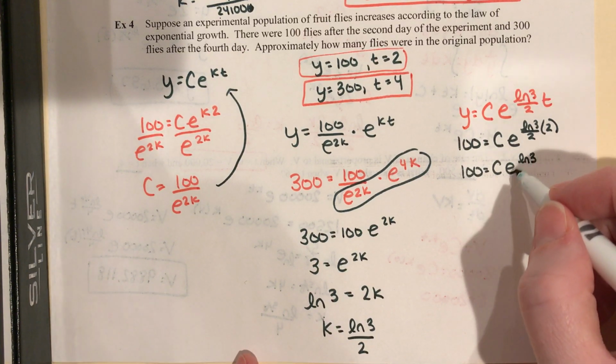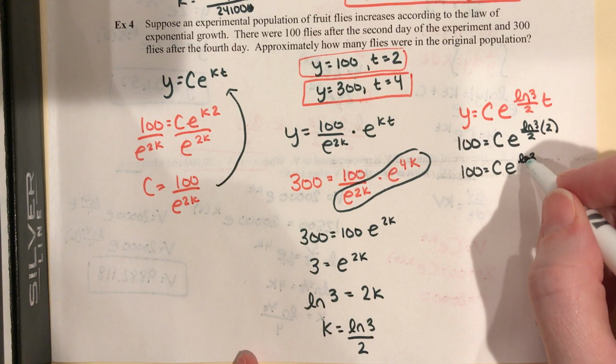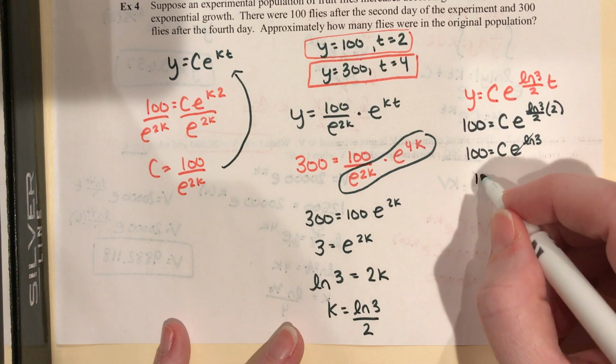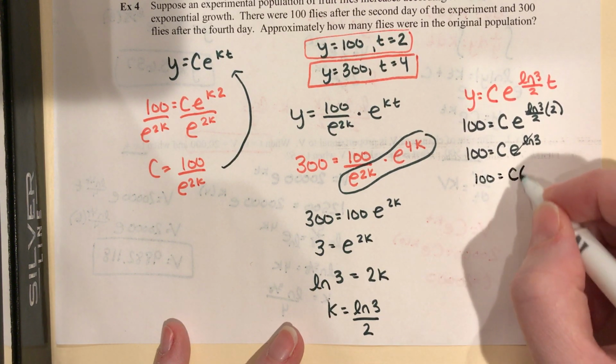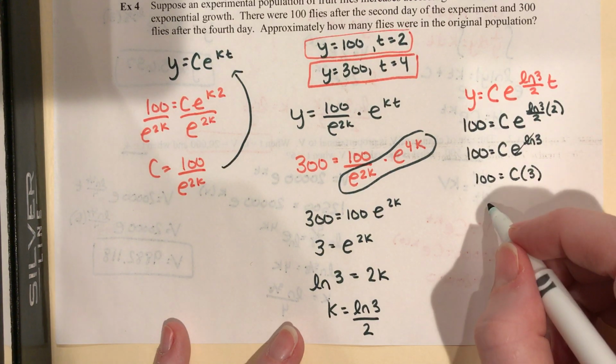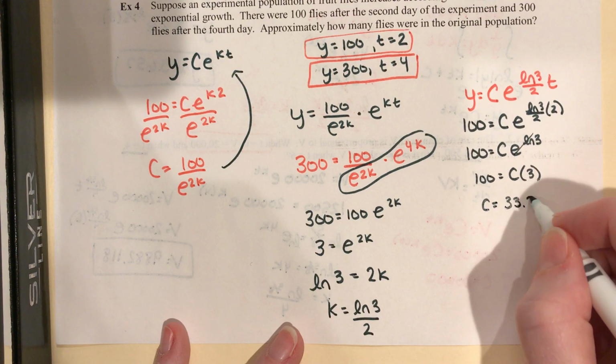And we know that rules from e's and ln's, we can cancel those out. Bring that 3 down, so that's 100 equals c times 3. And I can divide by 3. C would give us approximately 33.3 repeating.